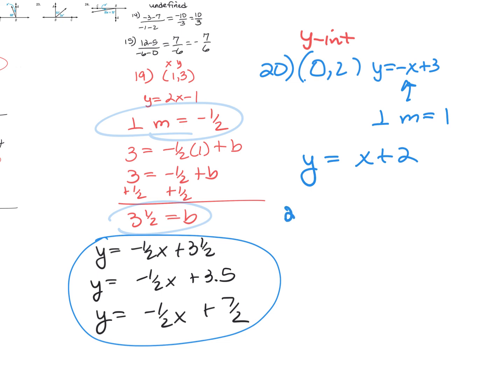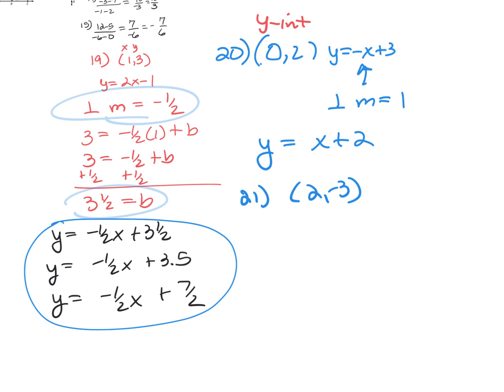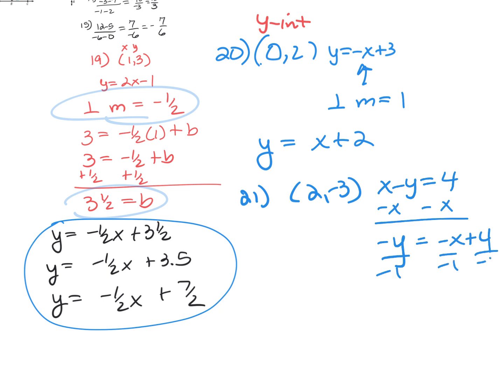Then for 21, ordered pair (2, negative 3), equation given, x minus y equals 4. I need the slope, so I need to rearrange this. So I'm going to subtract the x. I have to divide everything by negative 1. So my slope is going to be positive 1, so the perpendicular slope is negative 1.